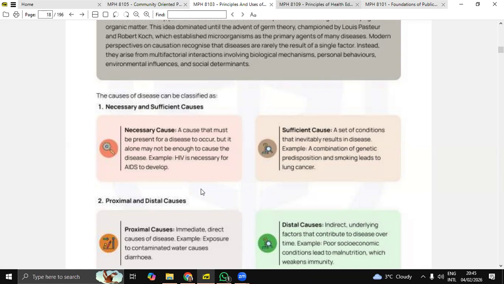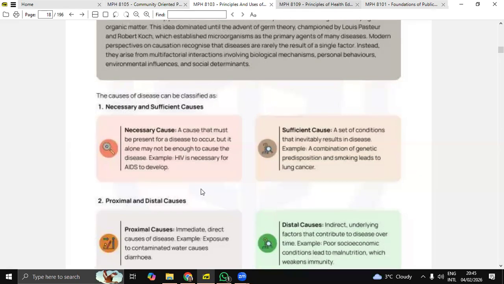Because remember that we said we want to reduce the burden of tuberculosis, right? Now, if we say let's build up people's immunity, or let's provide better housing conditions so that there's no overcrowding, all these things we are doing are good, but they will not really help us meet the goal that we want to meet. We now have to go for the necessary cause directly.